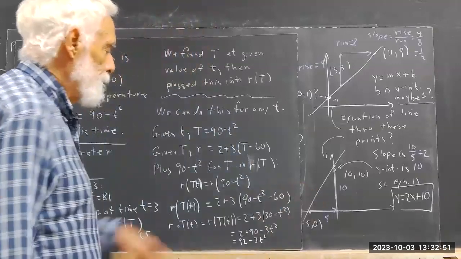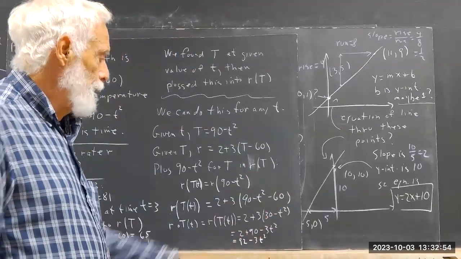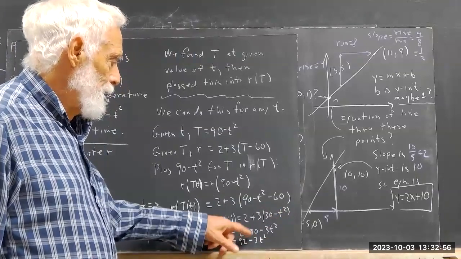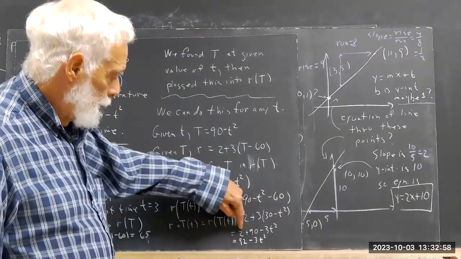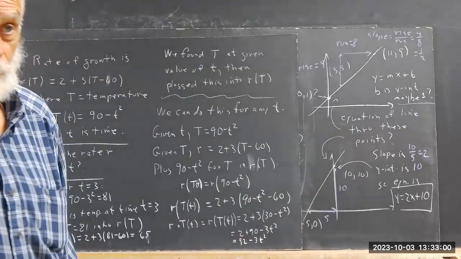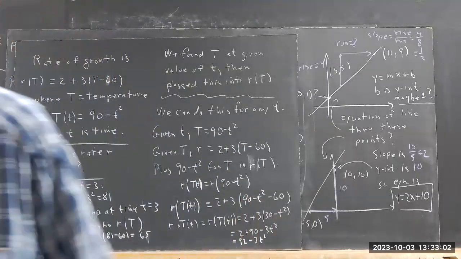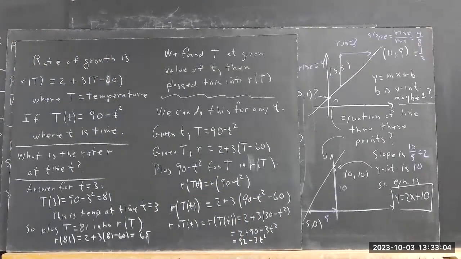You can simplify this. You do 90 minus 60, you get 30. Multiply through by the 3, get 90 minus 3t squared. 90 and 2 is 92. That's all stuff I hope you would do, just routine simplification. Okay.